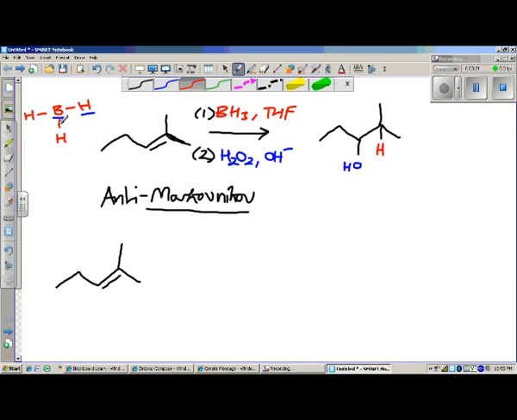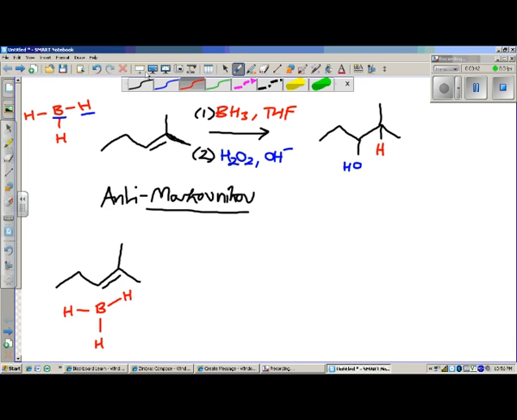So what that means is the boron ends up going where there's less, you call it steric hindrance, so the boron would actually end up being here. I'm just going to show it here. So it's almost like these two are coming in, kind of homing in on each other, and here's the rest of the boron there. Okay.